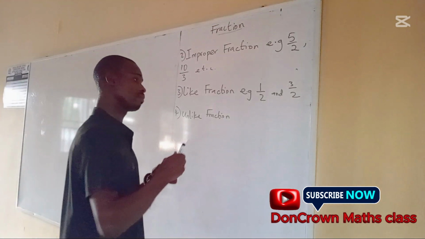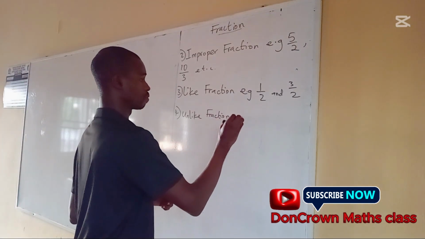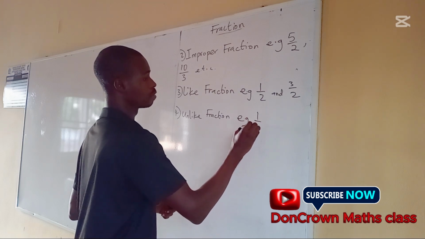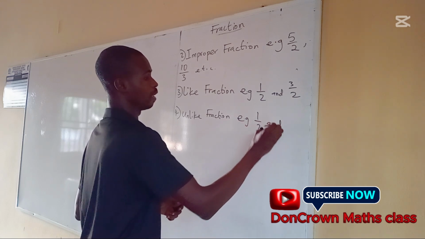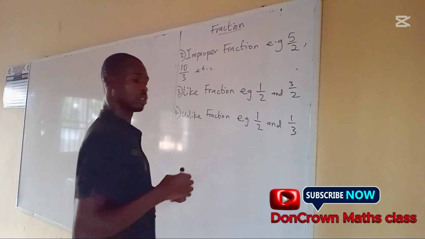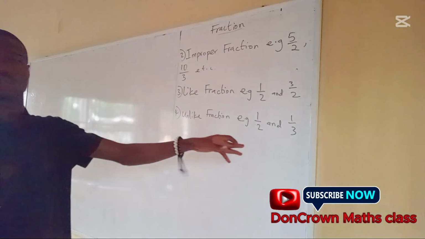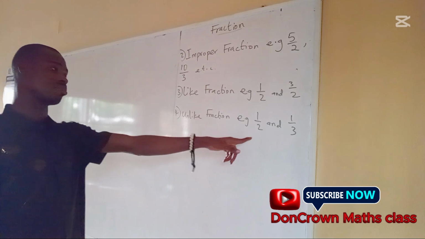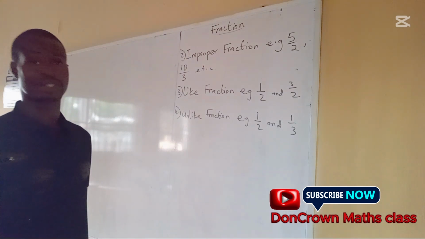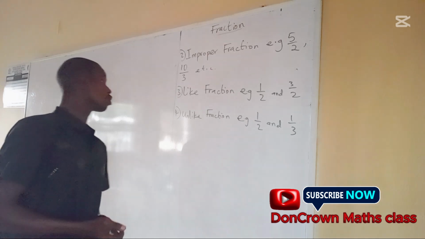For example, we have 1/2 and 1/3. This is an example of unlike fractions, because the two denominators are different.